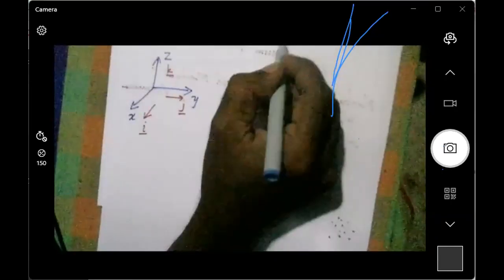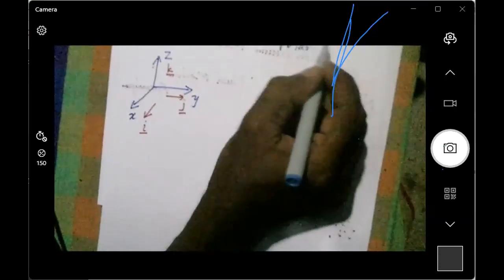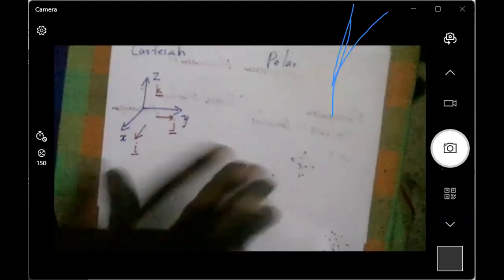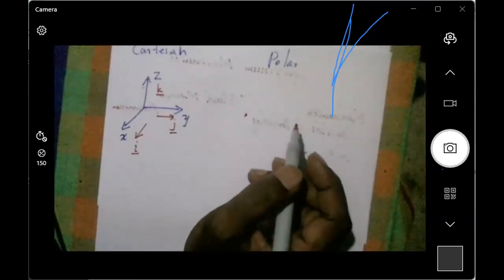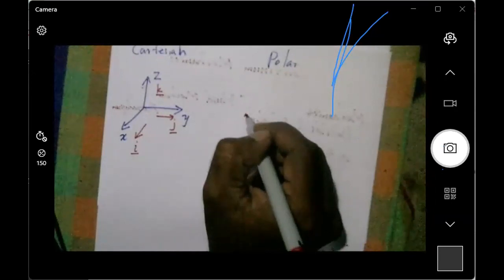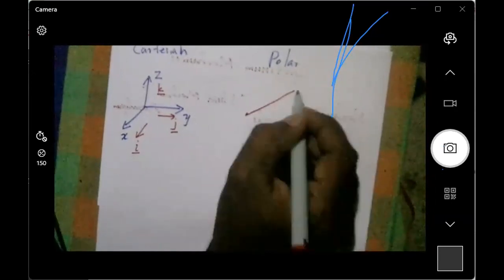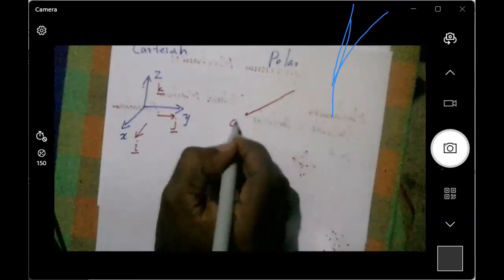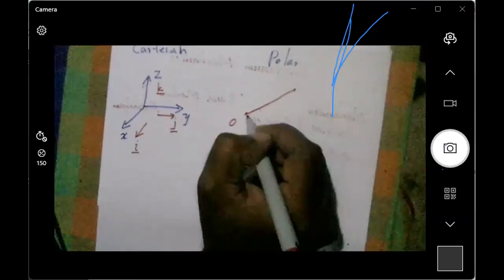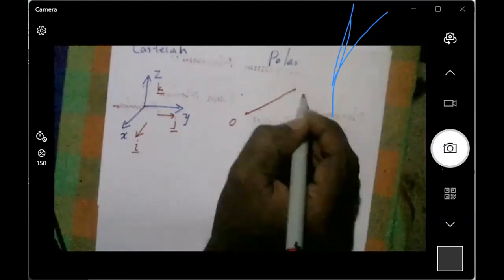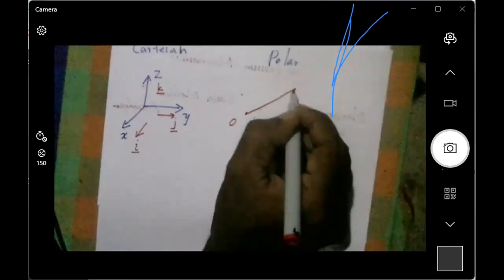And the other one is you can also use polar coordinates. In polar coordinates, we have a fixed point, the origin, and then a vector from the origin to the point where our particle is at.